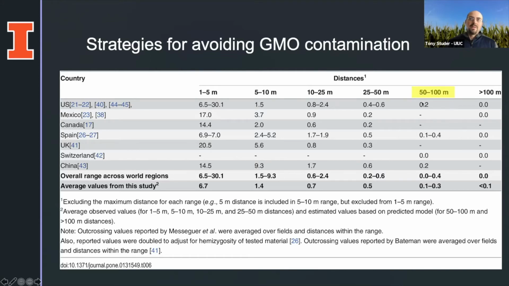So at about 50 to 100 meters, you're seeing consistently less than 1% contamination from the neighboring field. If you drop down to 25 to 50 meters, you can see you have quite a bit more variability, but it generally is under 1% contamination.